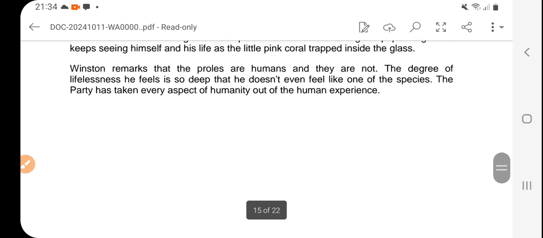Winston remarks that the proles are human and they are not. He thinks that the proletarians are at least human beings, but we educated people are not. The degree of lifelessness he feels is so deep that he does not even feel like one of the species.